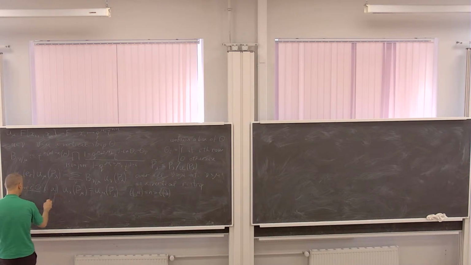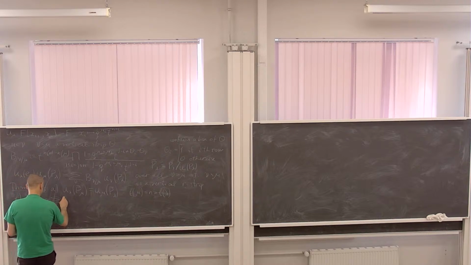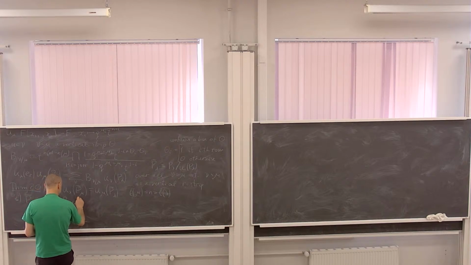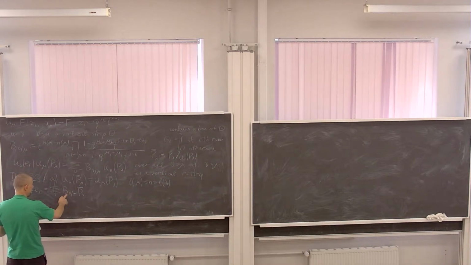So this was the first part, symmetry, and the second was the Pieri formula: E_r p tilde sigma is the sum over all nu of b nu sigma p tilde nu, the sum again over the same set.